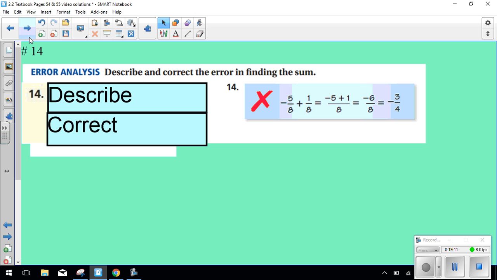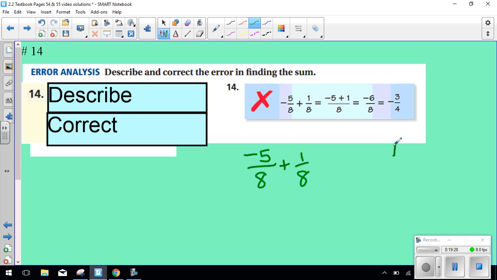So this one, describe and correct the error in finding the sum. So I know we've talked about this before, but the easiest way to do these is for you to solve the problem on your own first. So a couple of things to notice. The signs are different.